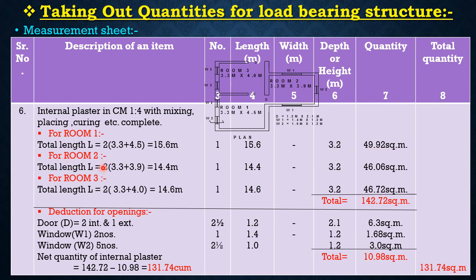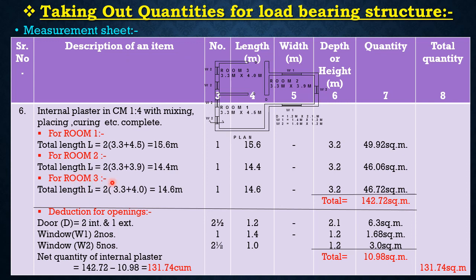Then for room 2, L is equal to dimension 3.3 by 3.9, then 2 into (3.3 plus 3.9), then perimeter is 14.4. Room 2 is 1, 14.4 is perimeter, 3.2 is height, then quantity is 46.06 square meter.